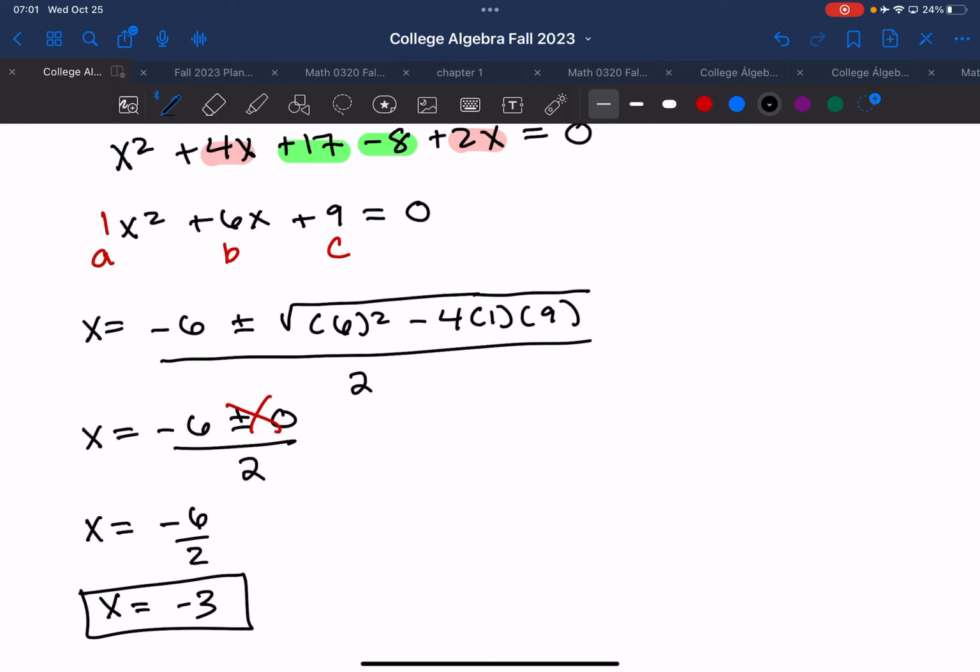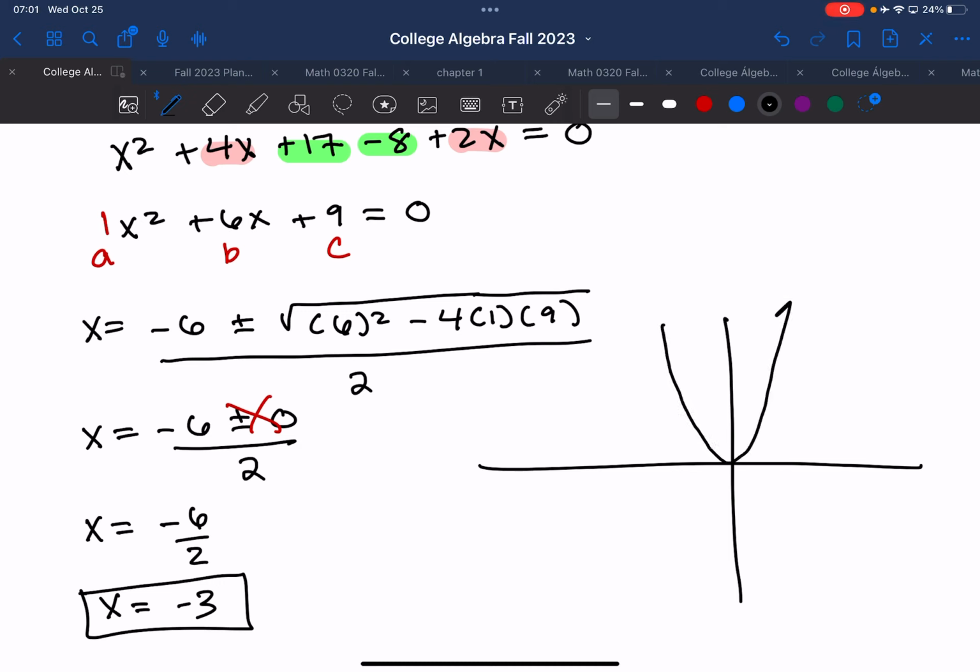How many x-intercepts are there going to be? 1. So in this case, we have 1 x-intercept instead of 2. So a graph of that would look something like this, where it only touches the x-axis one time. So we would have 1 root.